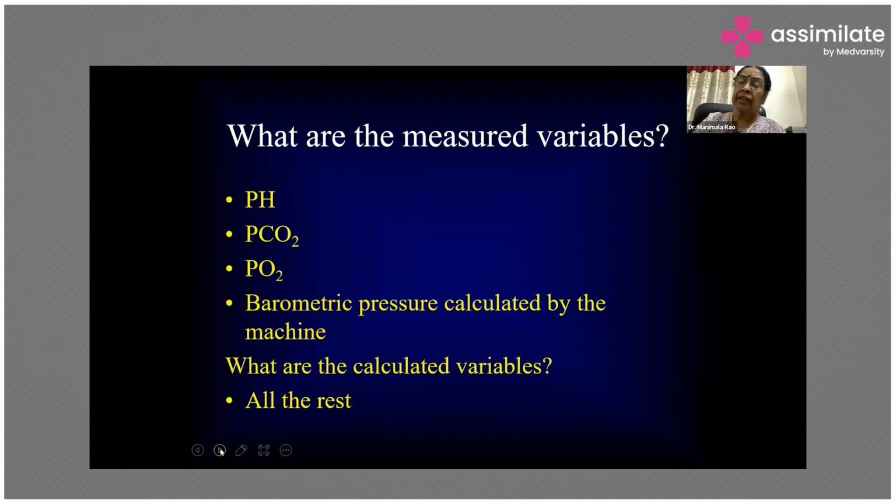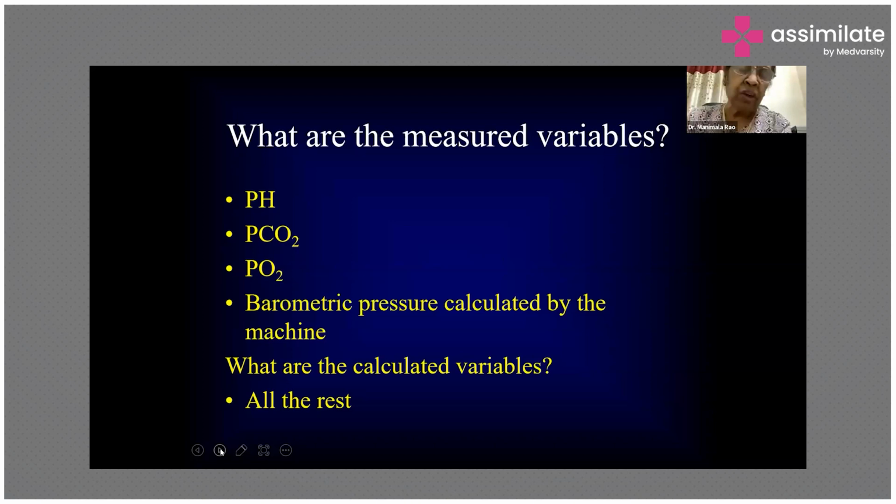It is important, it is asked in the exam. Usually we measure pH by the electrode, and the PO2. The other one which is measured is the barometric pressure, which will be 760.